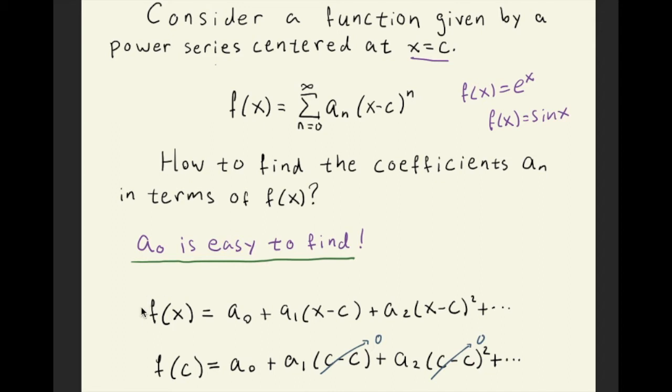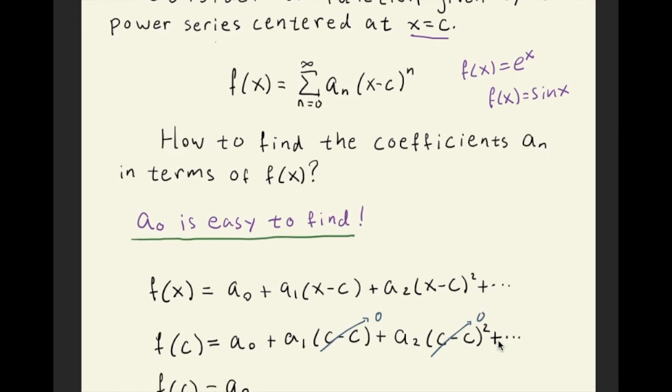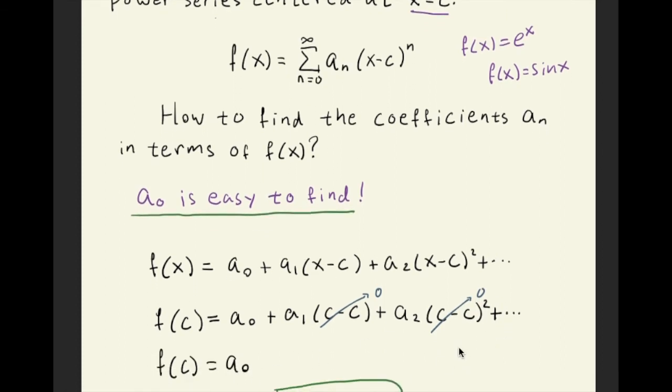So on the left side, you get f of c, right? And on the right side, you get a0 plus a1 times c minus c plus a2 times c minus c squared. But when you plug in x equals c on the right side, all of these x minus c terms become 0, right?